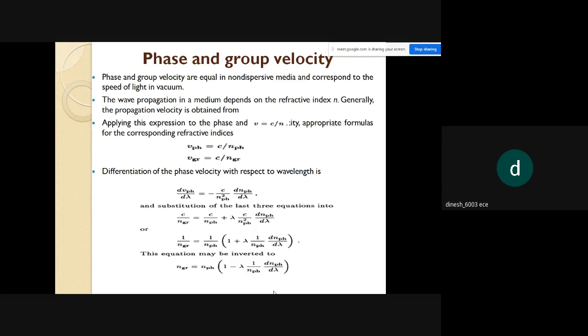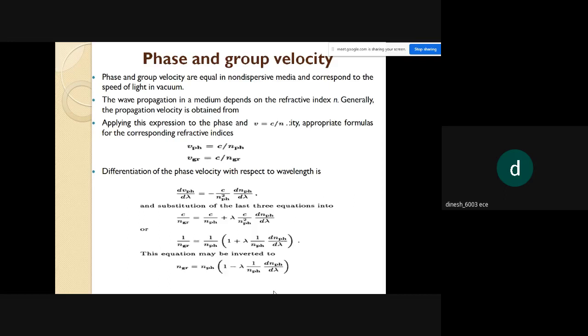This phase velocity and group velocity are equal in non-dispersive media, and they correspond to the speed of light in vacuum. So they travel with the speed of light, which is approximately 2.99998 into 10 power 8 meter per second, which we write as approximately 3 into 10 power 8 meter per second.